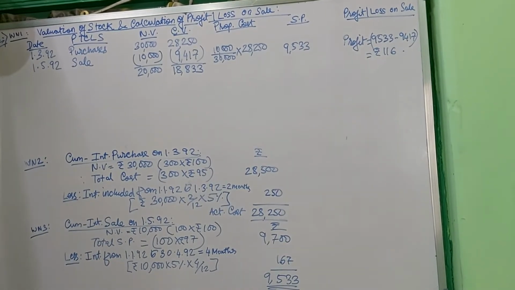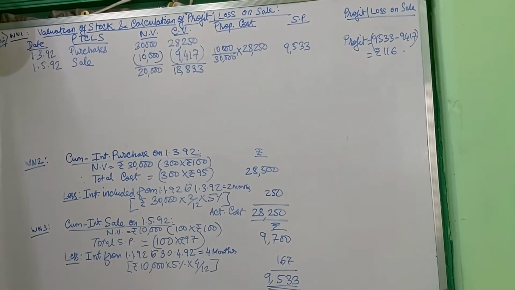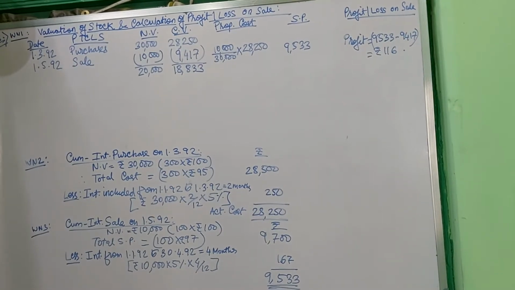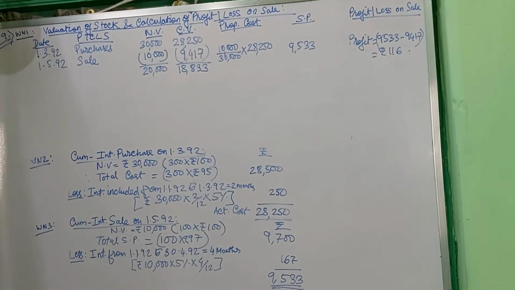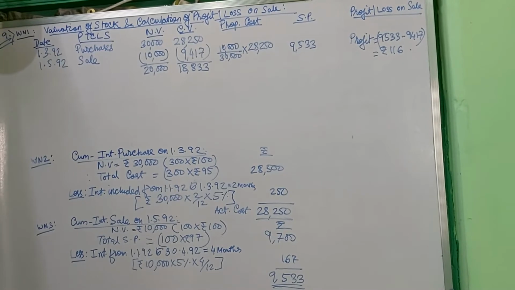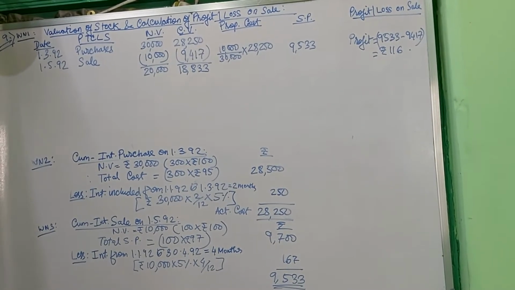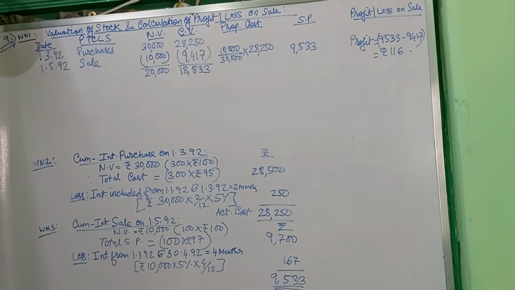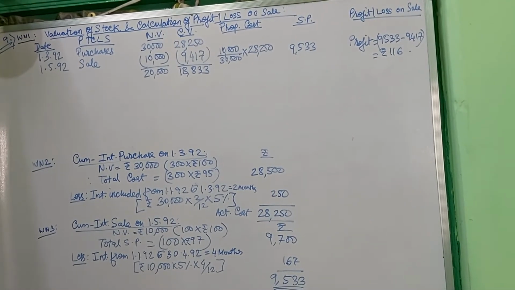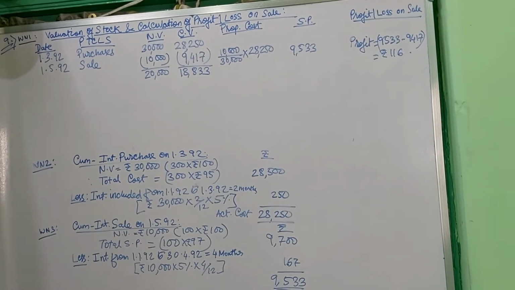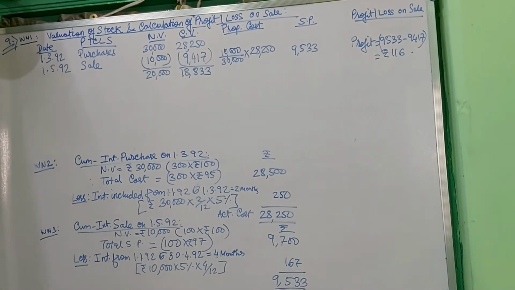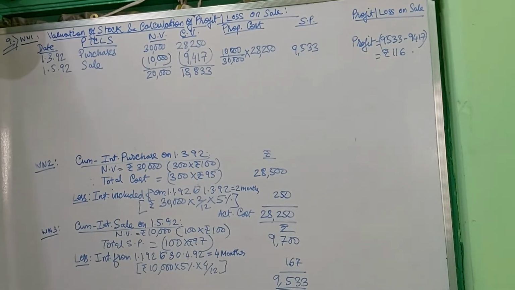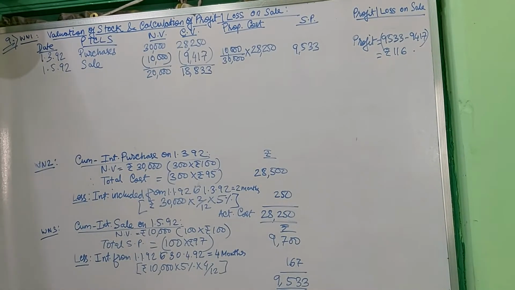As it is cum interest, purchased on 1st of March, 2 months interest has been included and has to be deducted, because January and February are included. Interest from 1st of January 92 to 1st of March 92, that means 2 months, on the nominal value 30,000 into 5% into 2 by 12, which is coming to 250. So actual cost is coming 28,250.